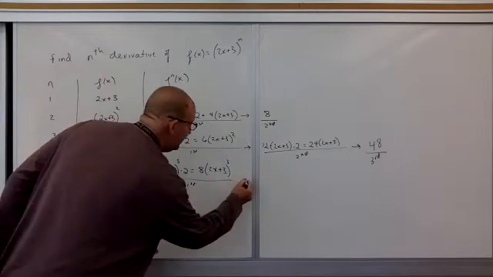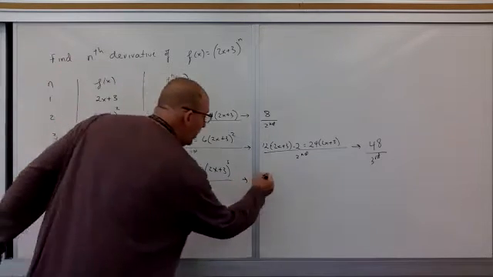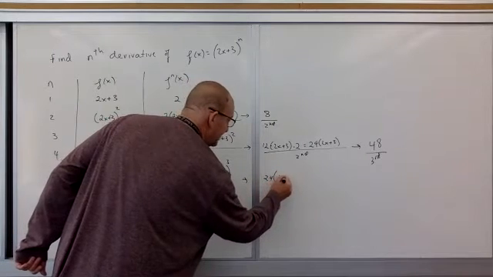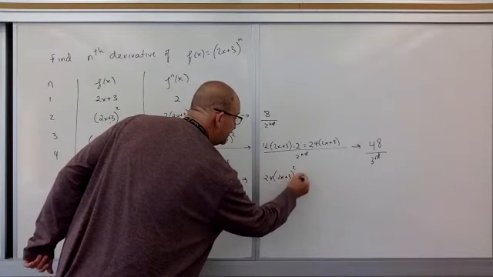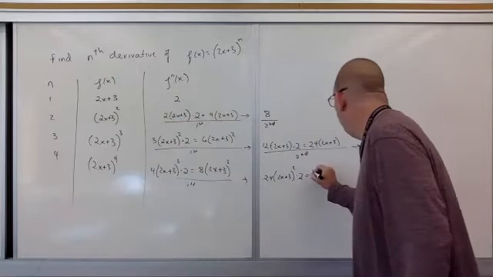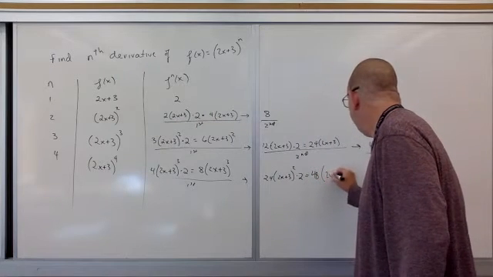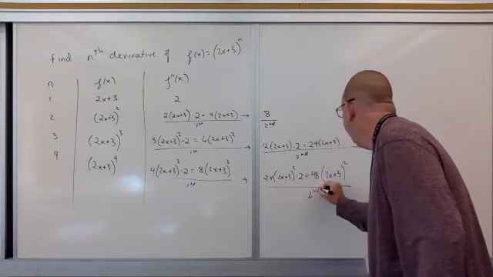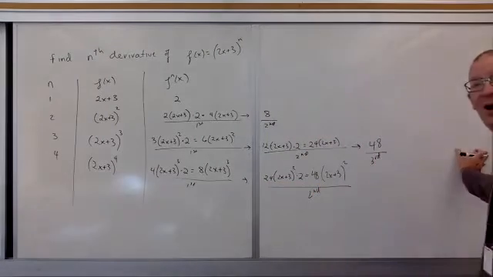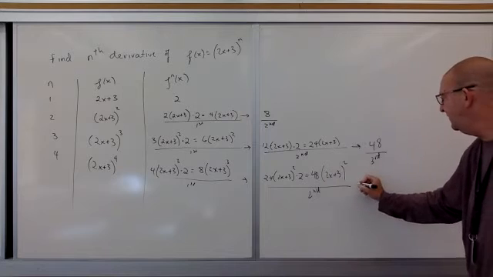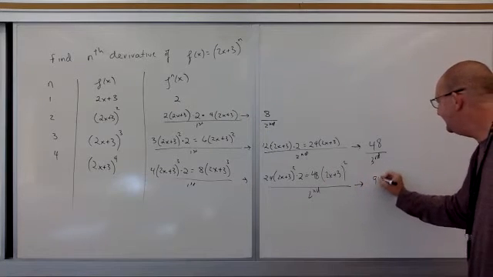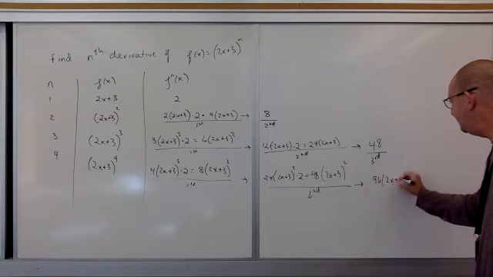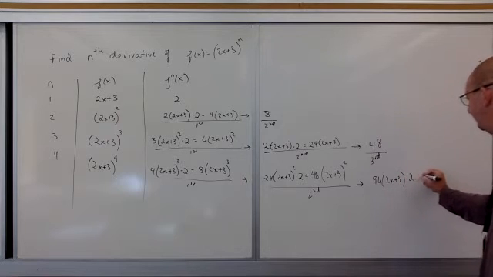Let's do the second derivative. 24 times (2x plus 3) squared times 2. So that's 48 times (2x plus 3) squared. There's your second derivative. Whoa! How about your third derivative? 96 times (2x plus 3) times 2.